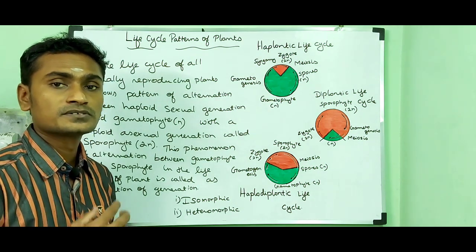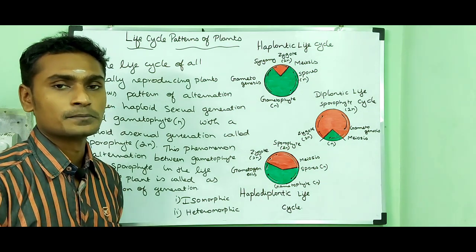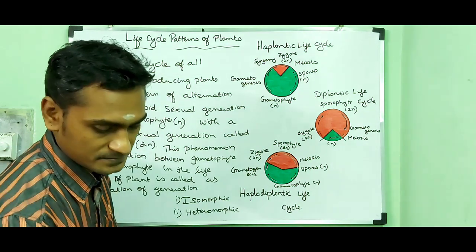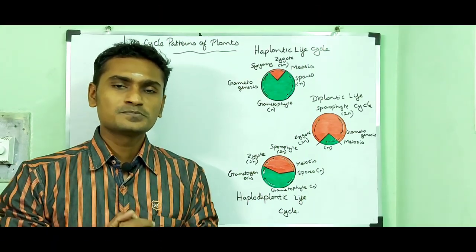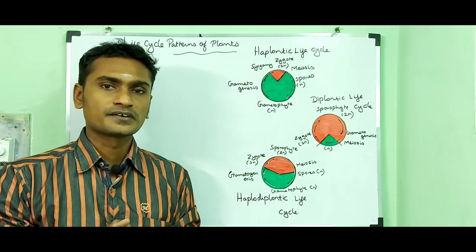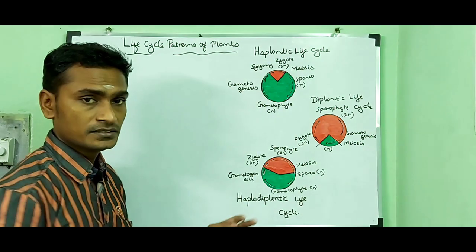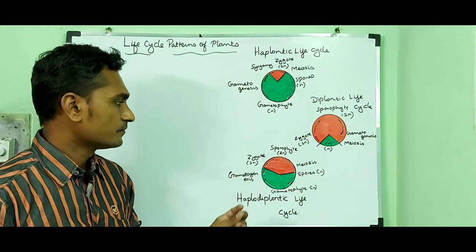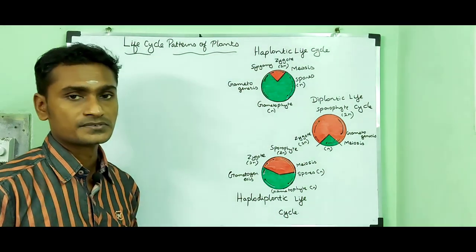Then I am going to tell you the types of life cycle pattern in plants. There are three types of life cycle pattern found in plants. They are haplontic life cycle, diplontic life cycle, and the third type, haplodiplontic life cycle.